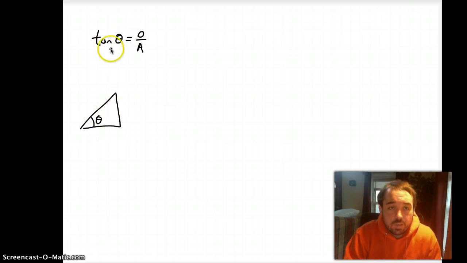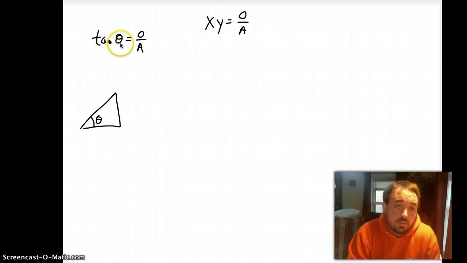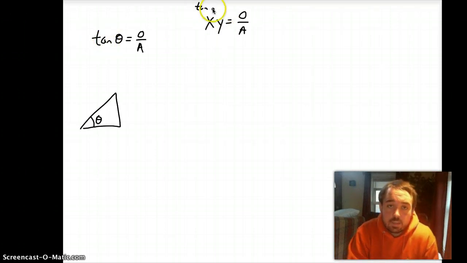You can kind of treat tangent and theta as two separate functions, almost like x times y equals opposite over adjacent. If we wanted to get rid of tangent and leave just theta, think of tangent as x and theta as y. We want to get rid of x. The way to do that would be to divide by tangent on both sides.